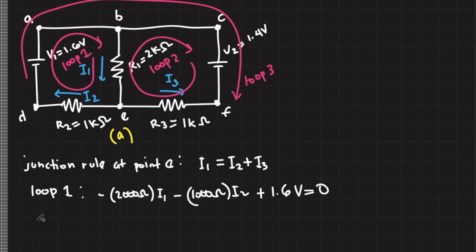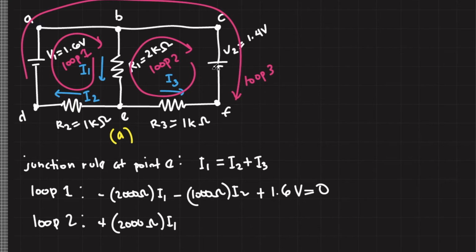It enters from the negative terminal to the positive terminal, and therefore, this must be positive. Next, I'll apply the loop rule to loop 2. My imaginary loop will enter R sub 1, but notice that it's opposite in direction with respect to the current I sub 1. Therefore, by our sign convention, this would be positive 2000 ohms times I sub 1. Next, our loop will enter this battery or the EMF source, and it enters from the positive terminal and comes out from the negative terminal.